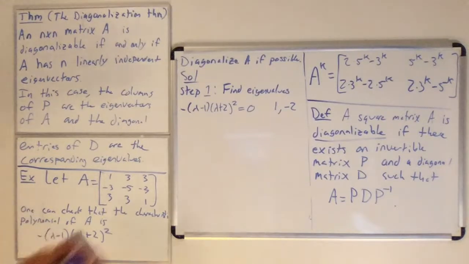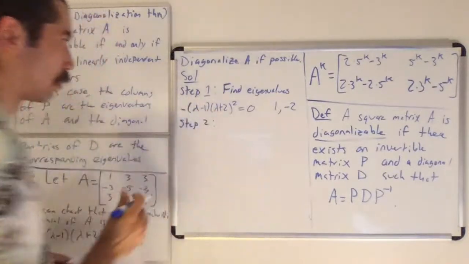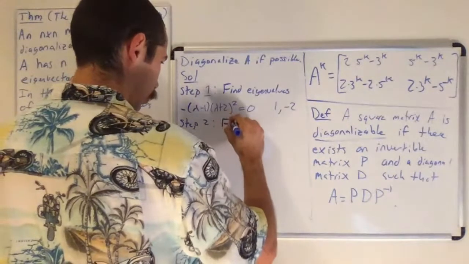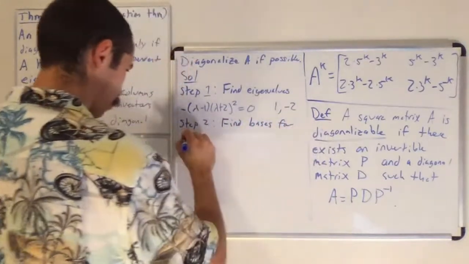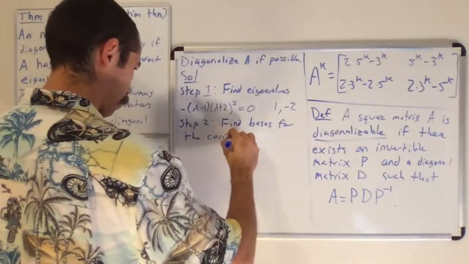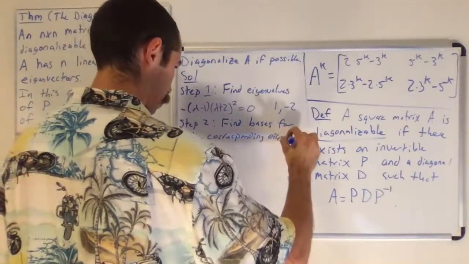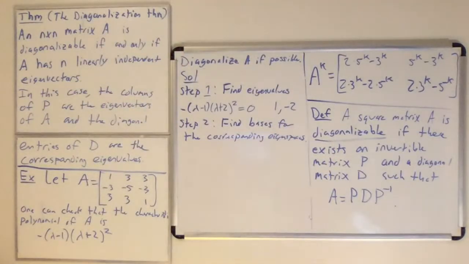Okay, step 2: find bases for each of the corresponding eigenspaces. So we'll start with 1.